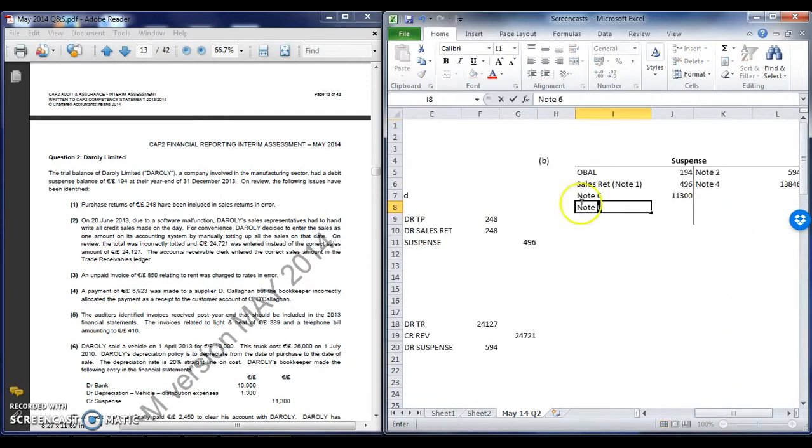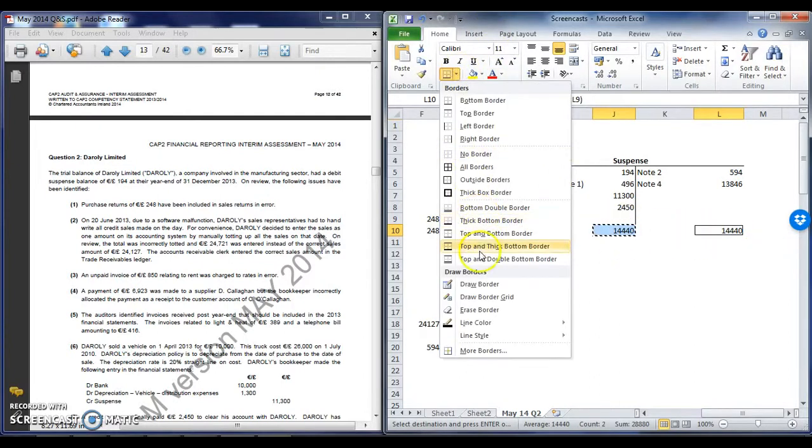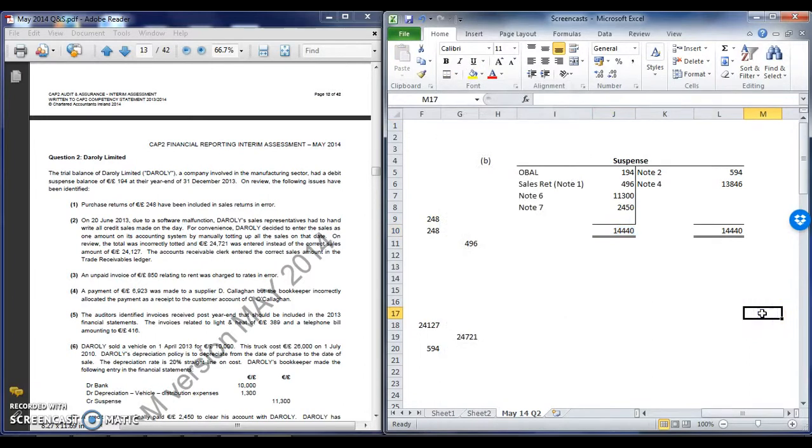So note 7, 2450. And hopefully then you'll know if you're right, because the suspense account should balance out. You add them together, you get 14440, and you add them together and you get 14440. So again, that's always a sense check: if they aren't balancing out, go back and double check each of your items to make sure you've accounted for them correctly.